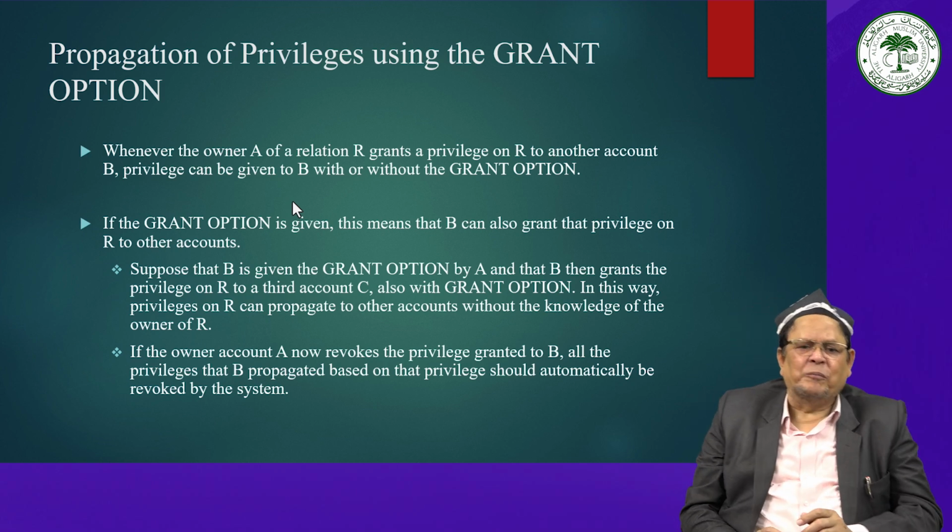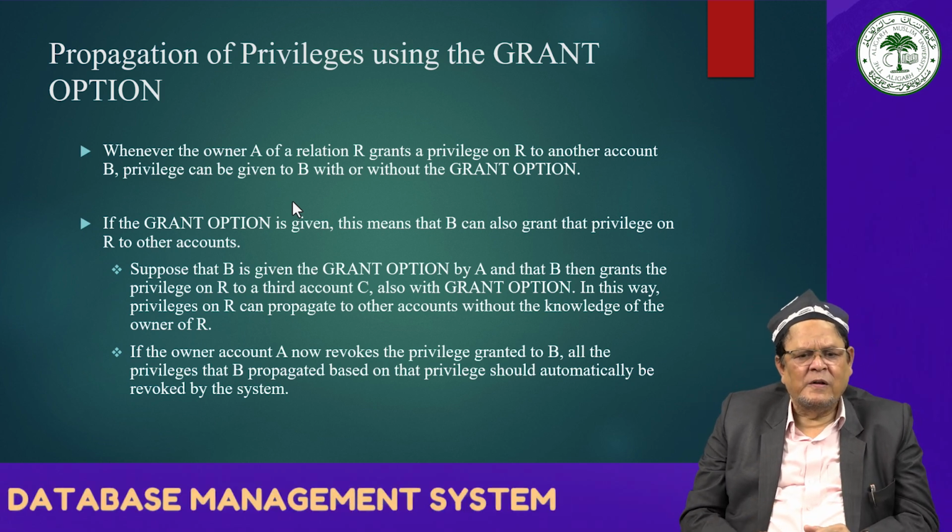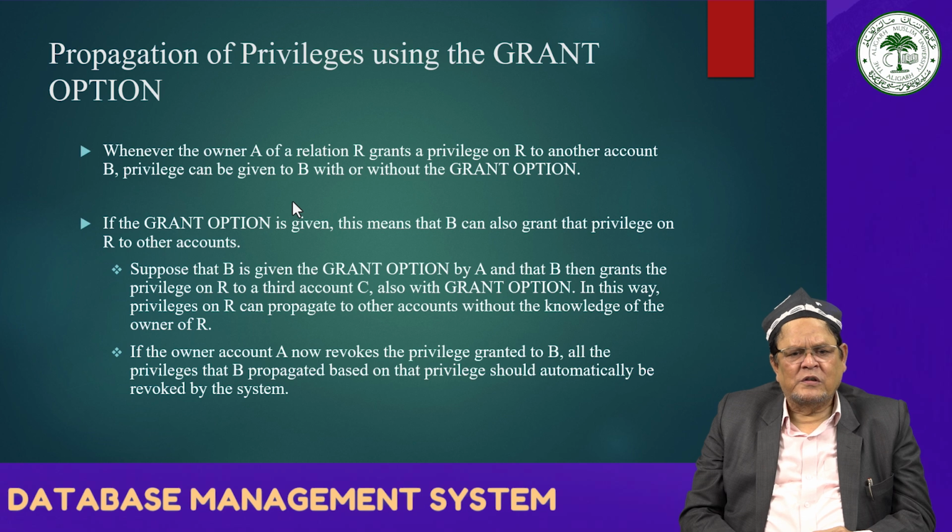I am taking one example. You can see it on the screen. Suppose B is given a grant option by A, and B then grants the privilege on R to a third account C, also with the grant option.